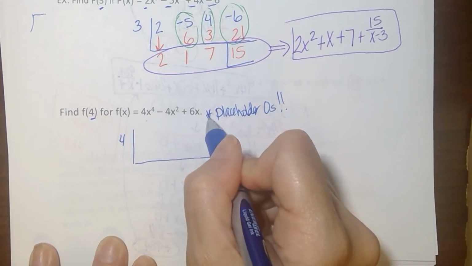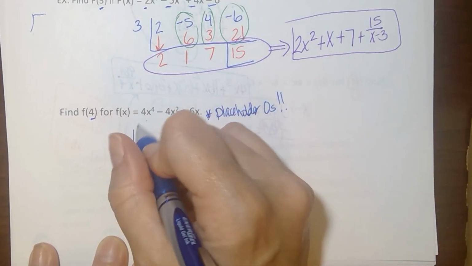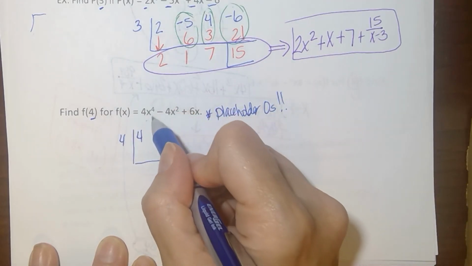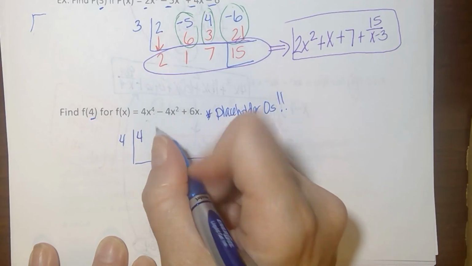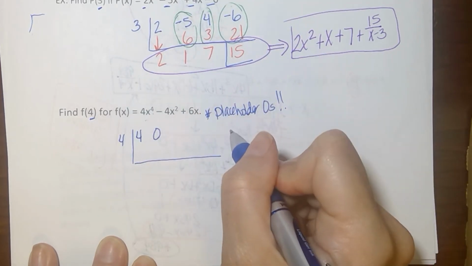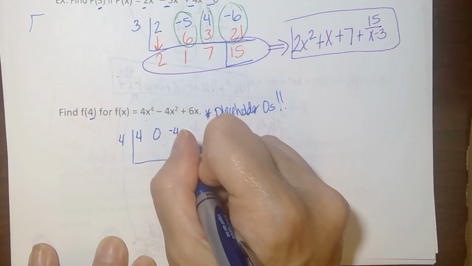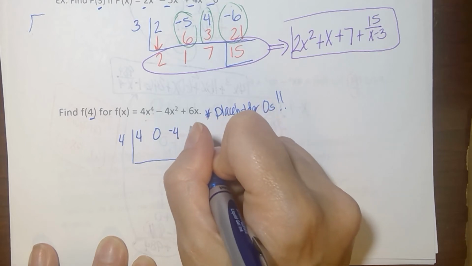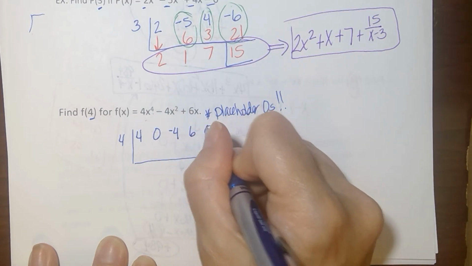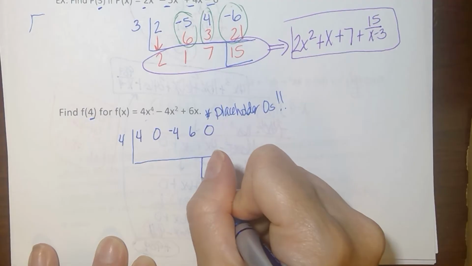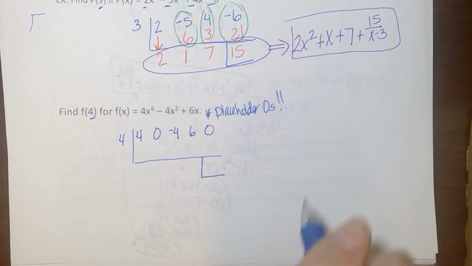I need to include just the coefficients. Don't leave out your placeholder zeros. So my 4th degree is 4. My cubed term is missing. My squared term is a -4. My x term is 6, and my constant is missing. That constant is going to be over my remainder. I cannot leave it out.